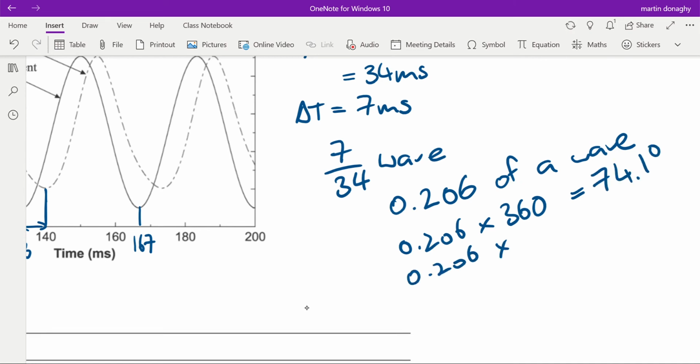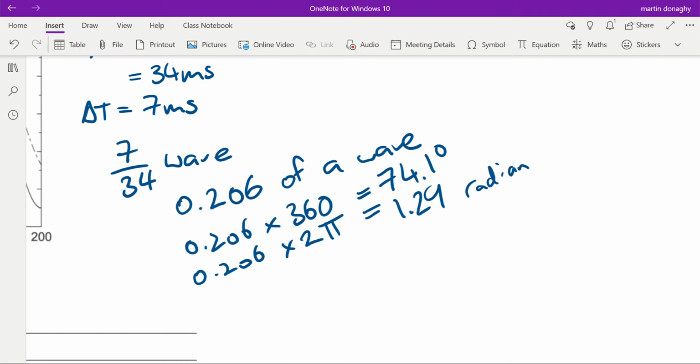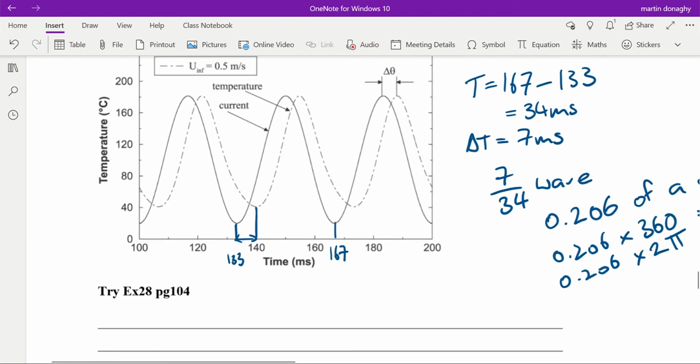Do the same thing with 2 pi. And that gives us that it is 1.29 radians out of phase.